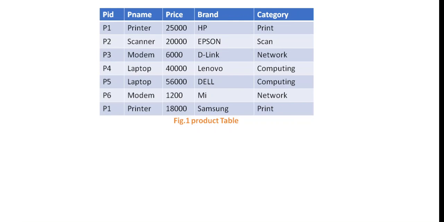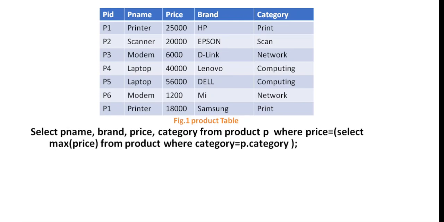Now I want to display the information of the product whose price is greater than the maximum price of product in the same category. Here we need to compare the prices within categories.